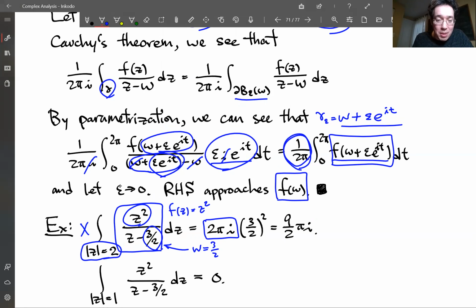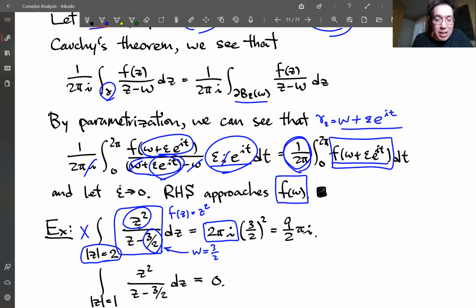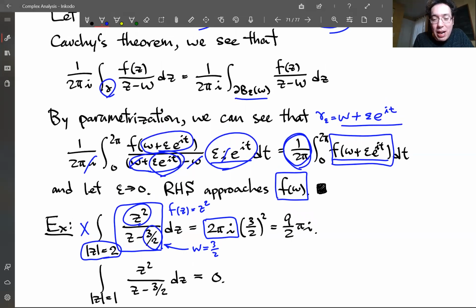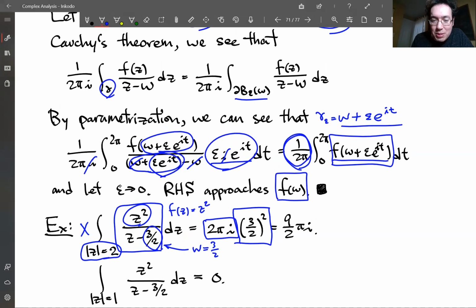So the formula tells us that the integral is going to be 2 pi i times the function evaluated at w, so z squared evaluated at 3/2. That's 3/2 squared, which is 9/4. The 2 and 4 in the denominator will reduce, and we get 9 pi i over 2. Okay, I hope that computation made sense.